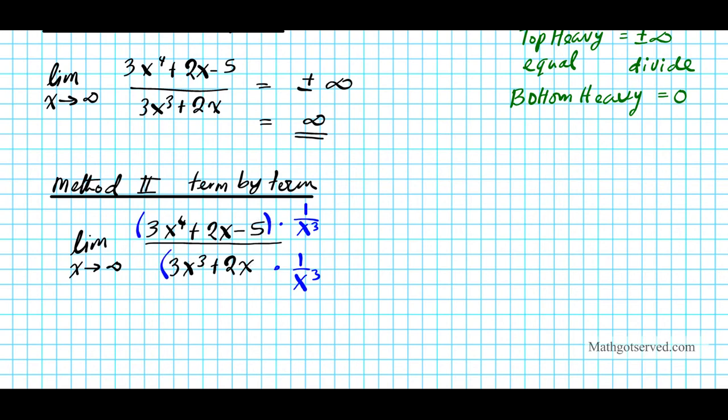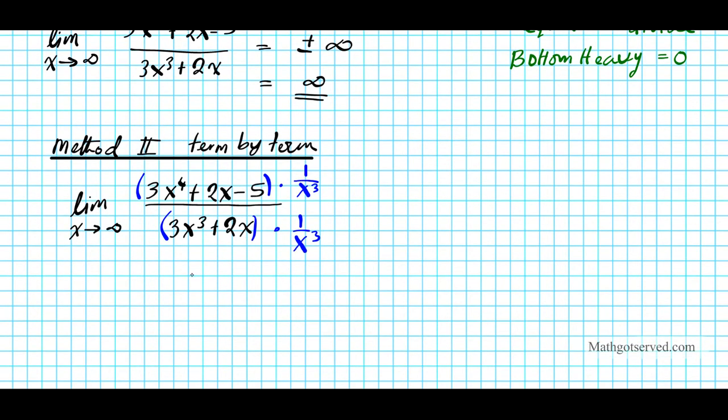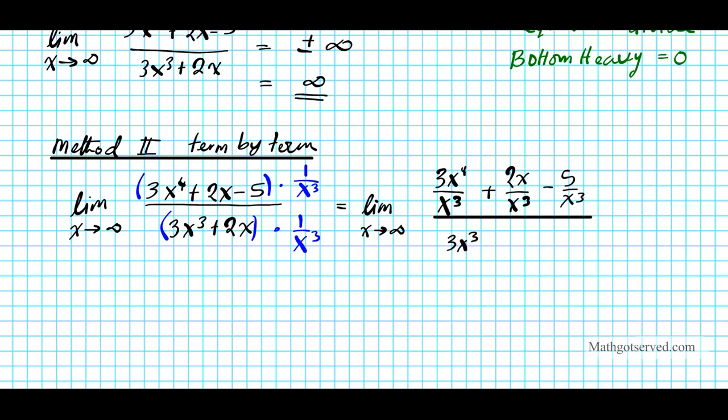So this whole limit becomes the limit as x approaches infinity of 3x to the fourth over x to the third plus 2x over x to the third minus 5 over x to the third, and that whole thing divided by, in the denominator, 3x to the third divided by x to the third plus 2x divided by x to the third.